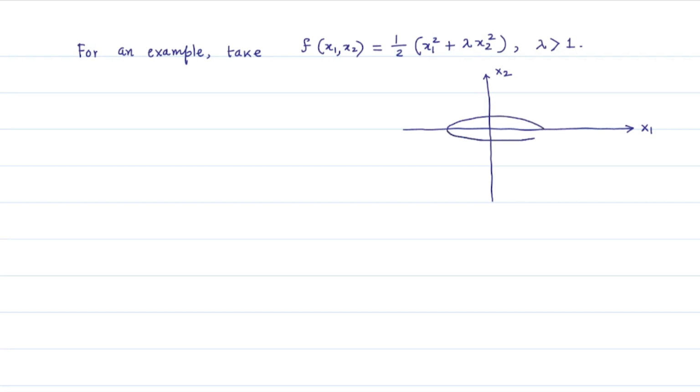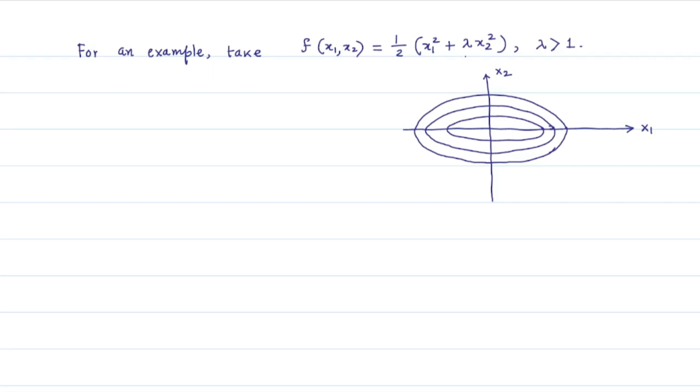For different values of c, the level curves f(x1, x2) equal to c are given by other ellipses, as this one; for a bigger value of c you will get another ellipse like this, and so on. Here, as the value of lambda gets bigger and bigger, the level curves become increasingly stiff in the x2 direction relative to the x1 direction.